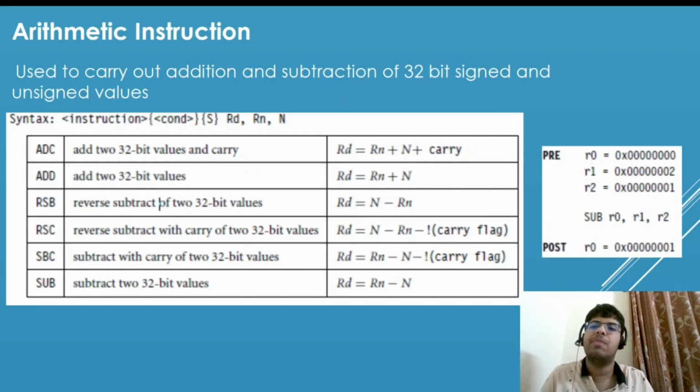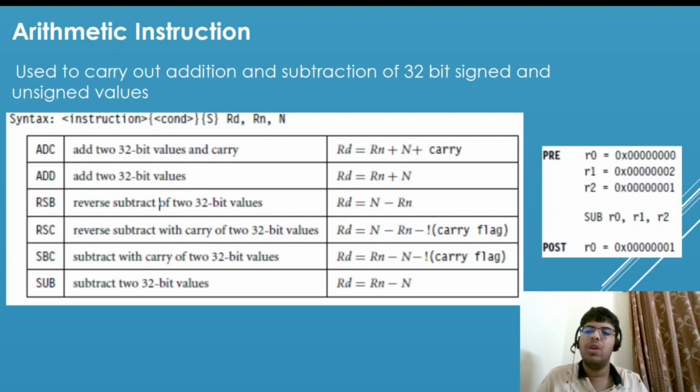Next is the arithmetic instruction. It is used to carry out addition and subtraction of 32 signed and unsigned values. We have various instructions, but the only two main things are the add function and the subtraction sub function. Now ADD is used to add two 32-bit values, whereas we use SUB to subtract two 32-bit values.